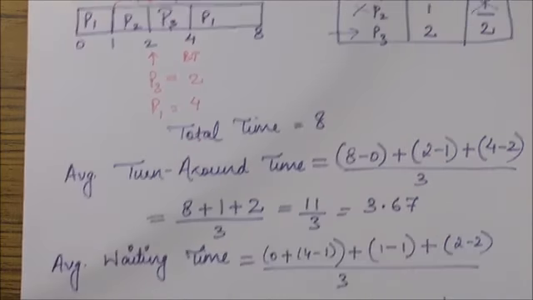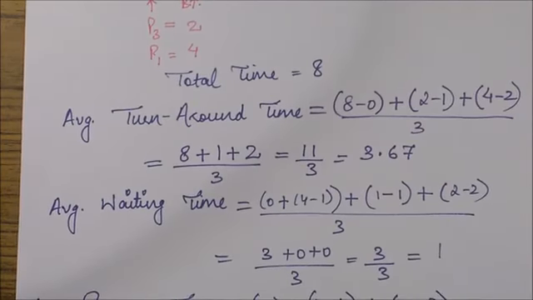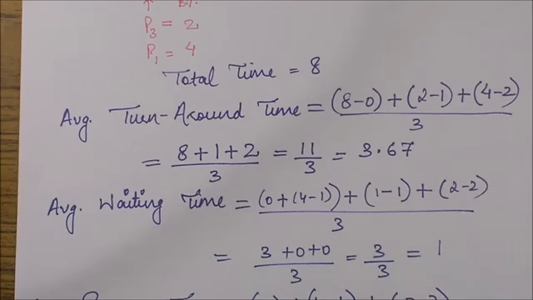Similarly, if we find the average waiting time, it is again the sum of the waiting times of all processes divided by the number of processes. And what is the waiting time? It is defined as the total time for which a process waited in the ready queue, right?